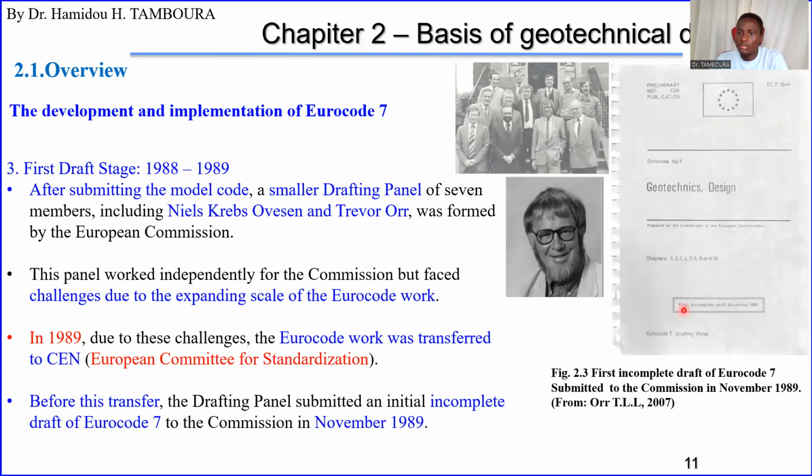And this is the draft actually. The first draft. Previously, they submitted the model code. Okay. And in 1989, they submitted an incomplete draft, the first incomplete draft. This is just a draft. So you can see here preliminary note for publication. This is very 19 something.